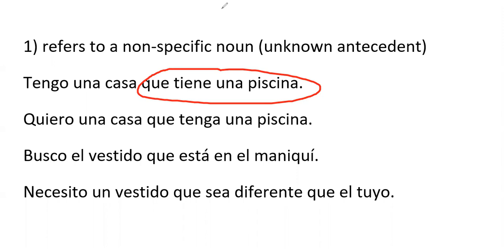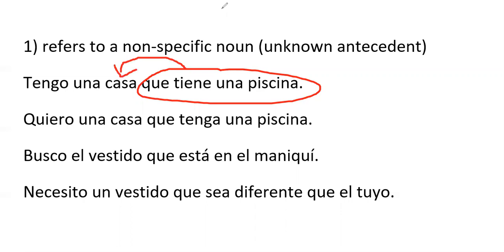It is a house. I could simply say tengo una casa bonita. Tengo una casa que es bonita. Or I could even say I have a house that has a pool, describing the house. Tengo una casa que tiene una piscina. Now, I am referring to a specific house. So this whole little phrase here is describing that casa.